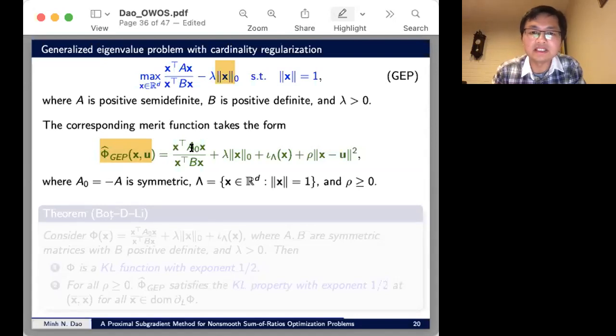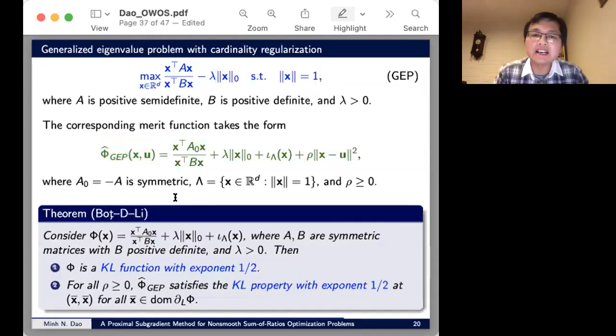In this case, phi hash has this form. And we can prove that the merit function satisfies the KL property with exponent 1/2, and as a result, our methods applied to this problem admit linear convergence.